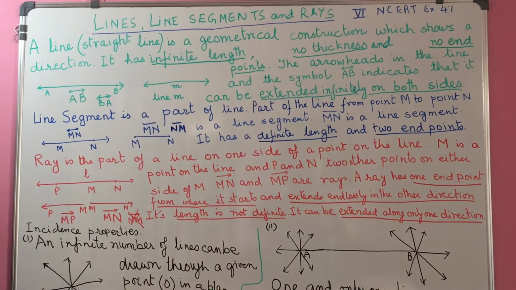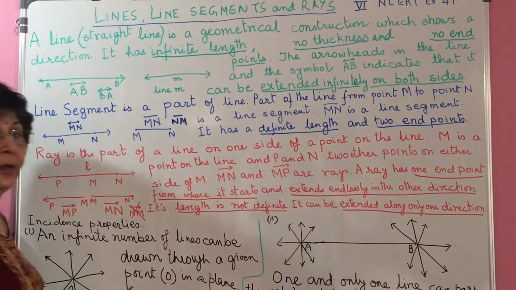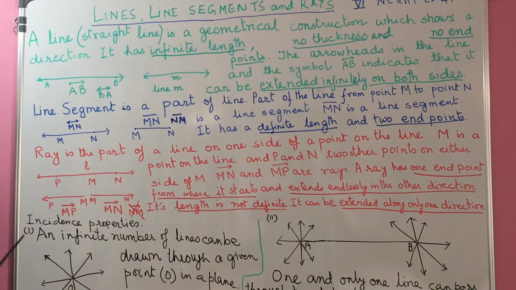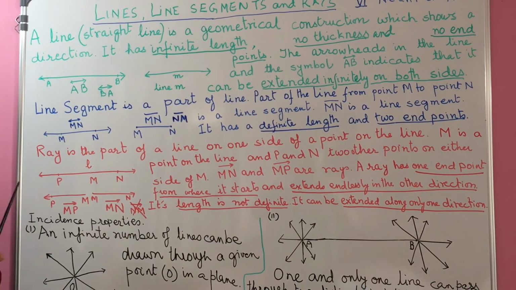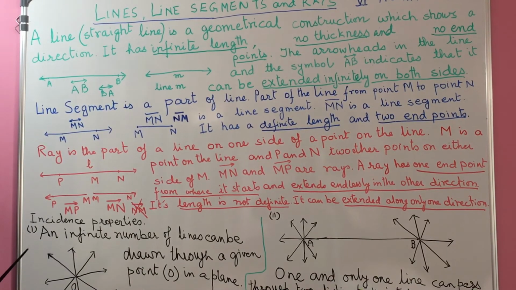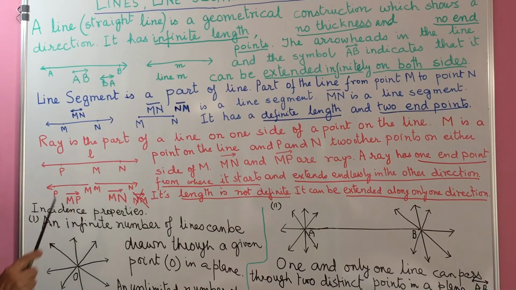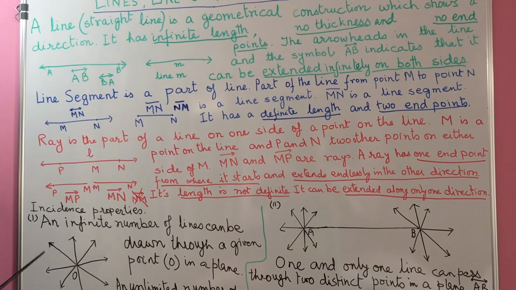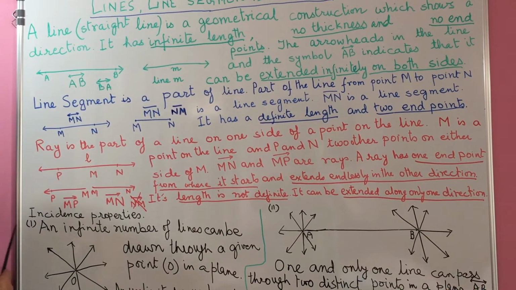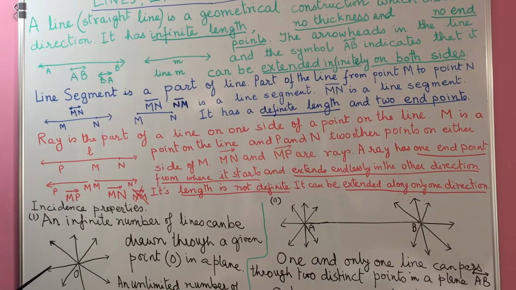Which has two endpoints? A line segment has two endpoints. Which starts from a point and can be extended along only one direction? A ray can start from one point and can go infinitely along the other direction.